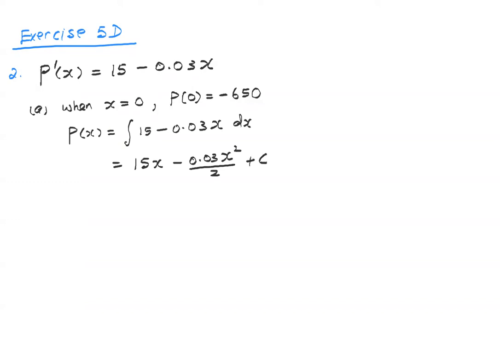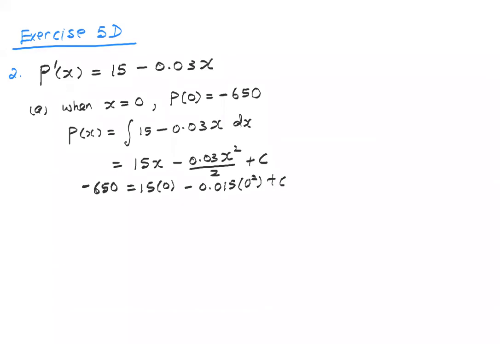So now I use the information: negative 650 is equal to 15 times 0, that is my x is 0 here, take away 0.015 times 0 squared plus c.